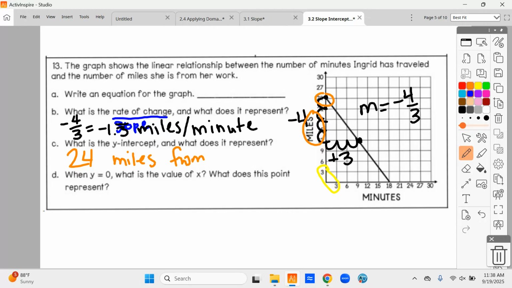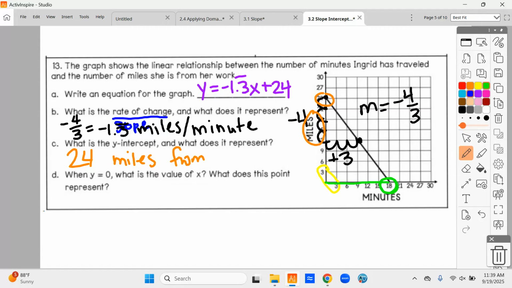So my equation then, going back to A, is y equals, and I prefer fractions for my slope, but because this is a word problem, I don't mind 1.3 continuous x plus 24. Now it says when y equals 0, what is the value of x? So we're looking here at y of 0. What's the value of x?